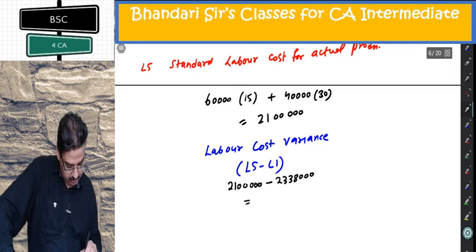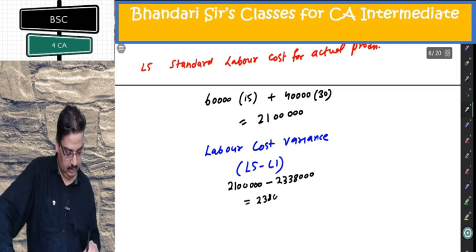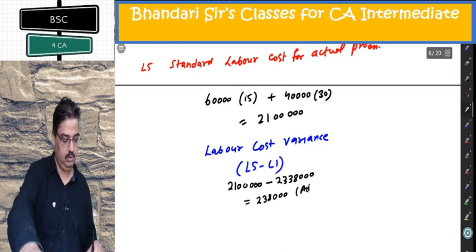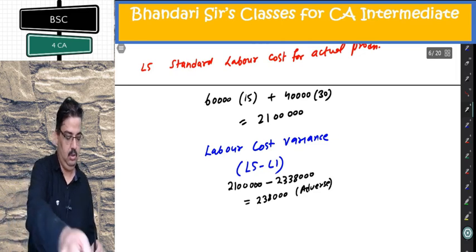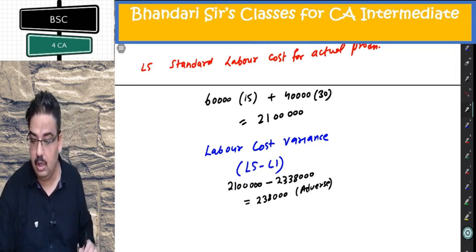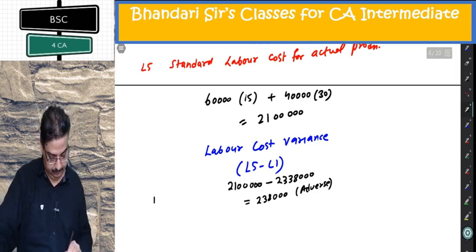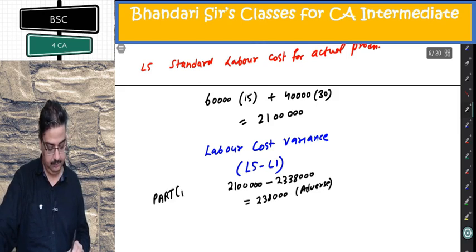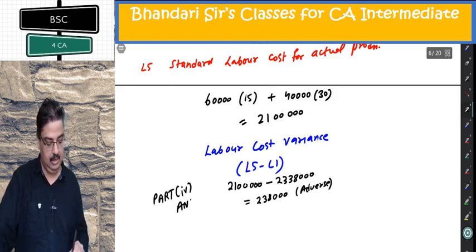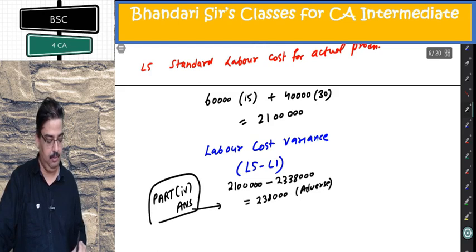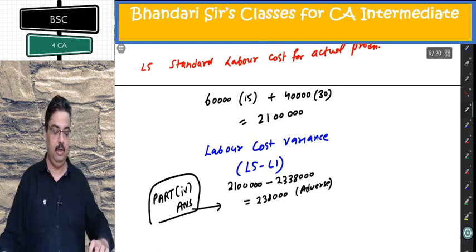This becomes 2 lakh 38,000 adverse. And in the question, the cost variance is fourth part. This is part 4 answer. Must write the part, which part answer you are computing. Only then the examiner will give you proper marks.